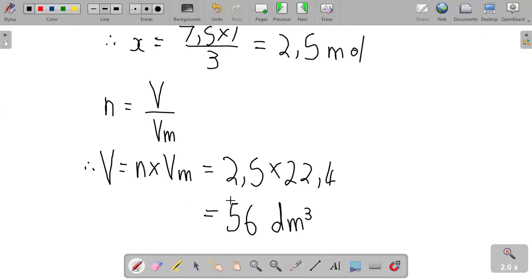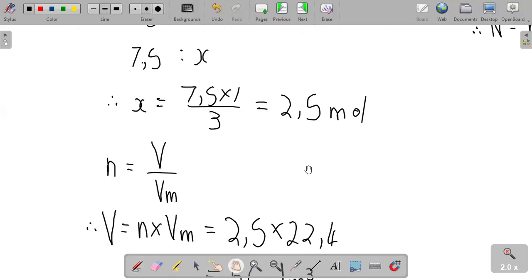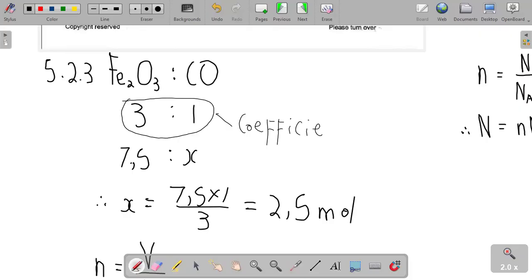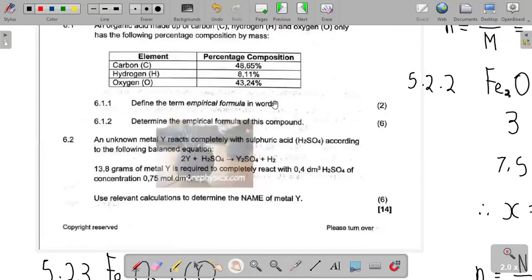So again, as you can see, the ratio here is very important. We get the ratio from the coefficients of a balanced equation. The coefficients, meaning the numbers in front.